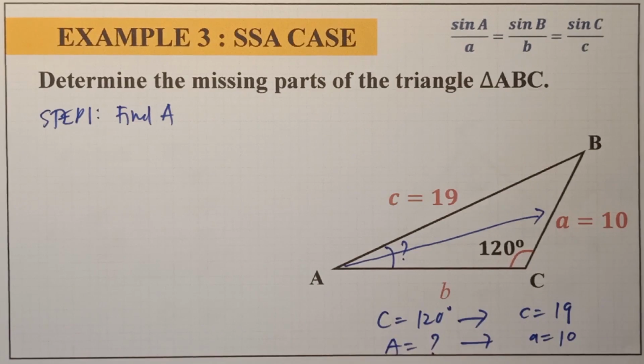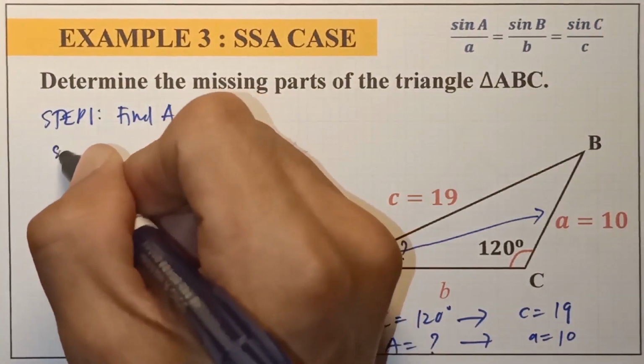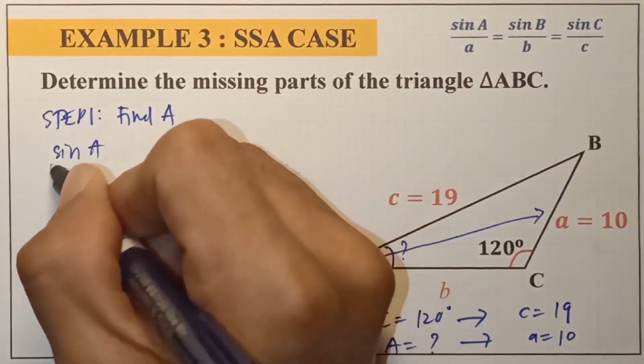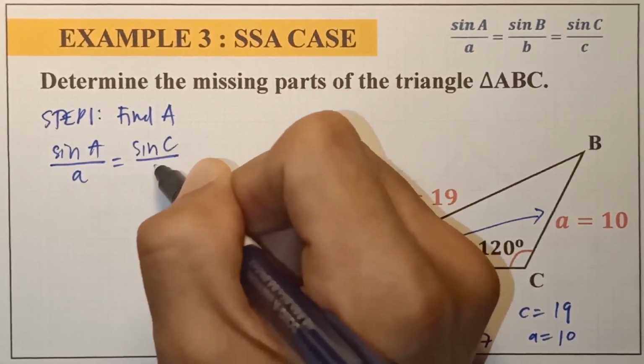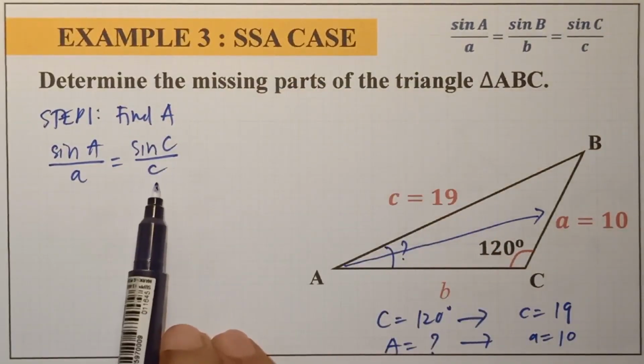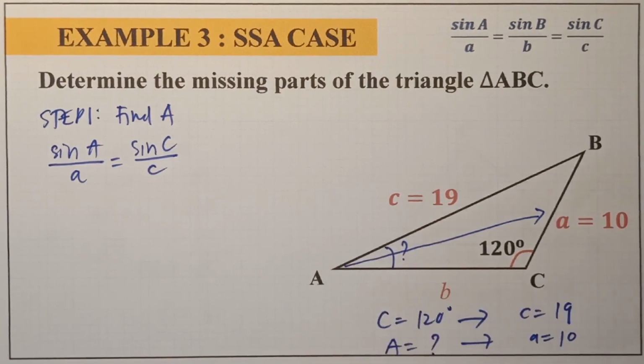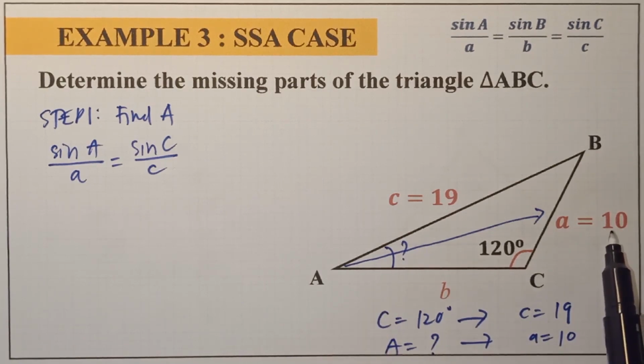So there's only one missing part of this ratio, so we can now use sine A over a is equal to sine C over c. Because sine C over c is a complete ratio, where both angle and side are given, and angle A is missing and its opposite side is given.